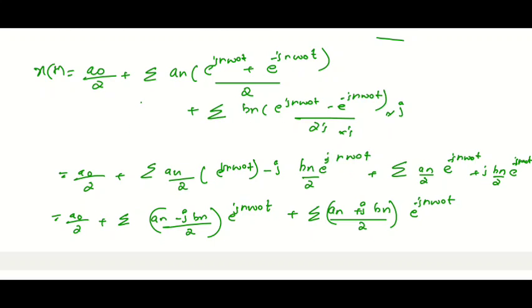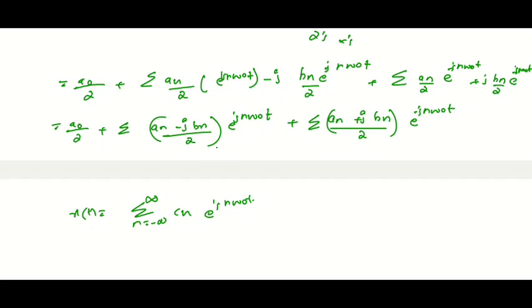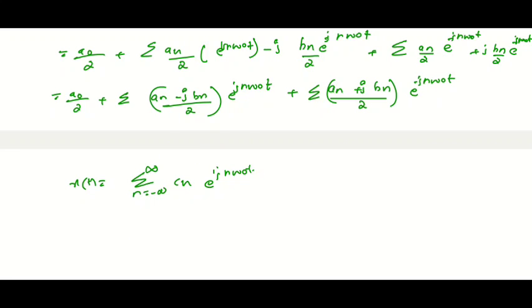So we will just compare this over here, we will get C n equal to, that is positive, C n equal to a n minus j b n divided by 2, because let me write it like this.